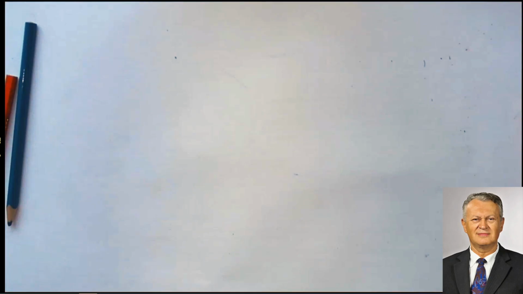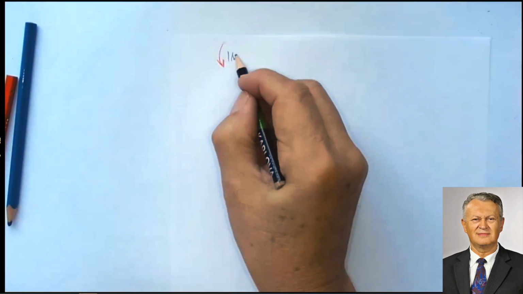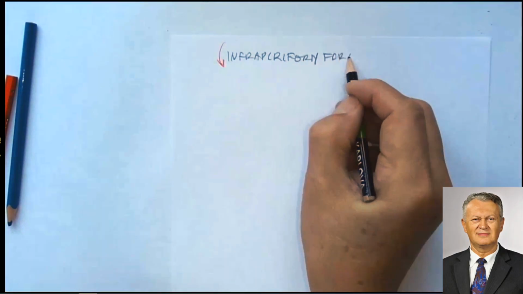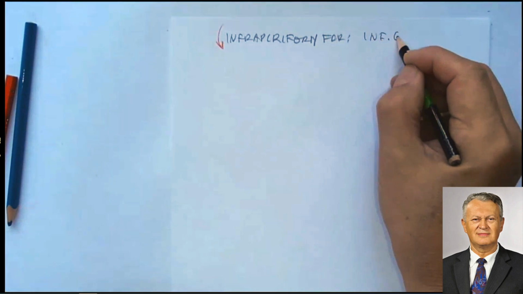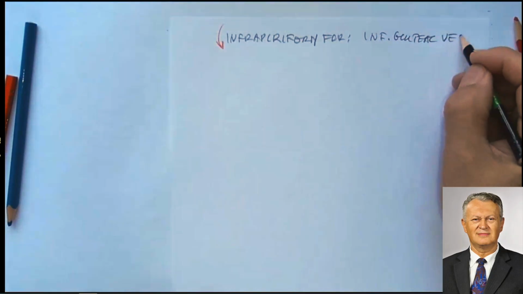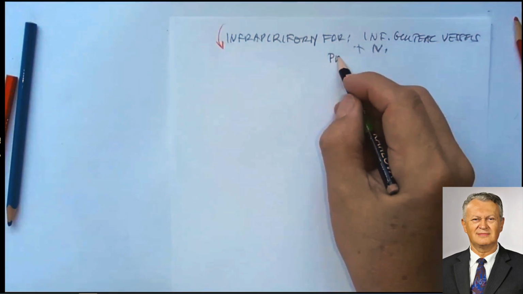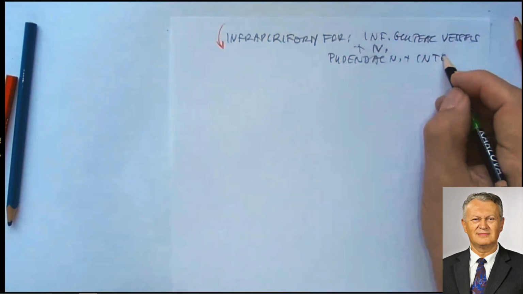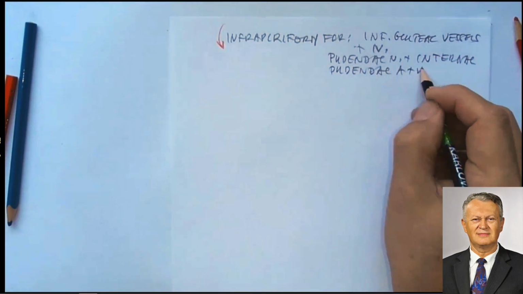So looking now on the next page, here we see the infrapiriform foramen, which simply contains the inferior gluteal vessels plus nerve, but also the pudendal nerve plus the internal pudendal artery plus vein.